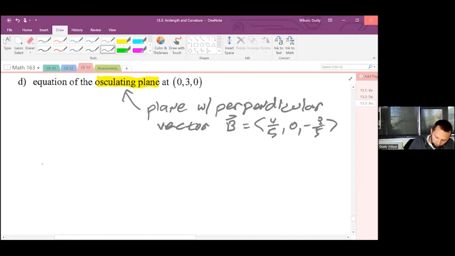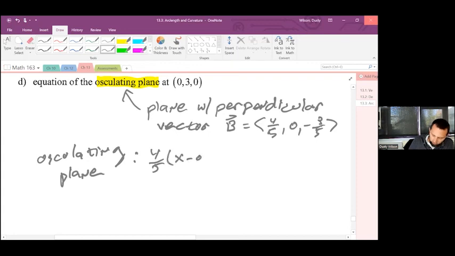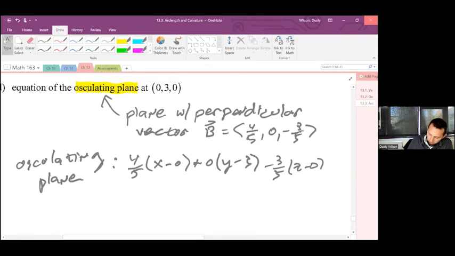And so our plane for the osculating, or kissing, plane will be 4/5 times (x minus 0) plus 0 times (y minus 3) plus negative 3/5 times (z minus 0) equals 0.